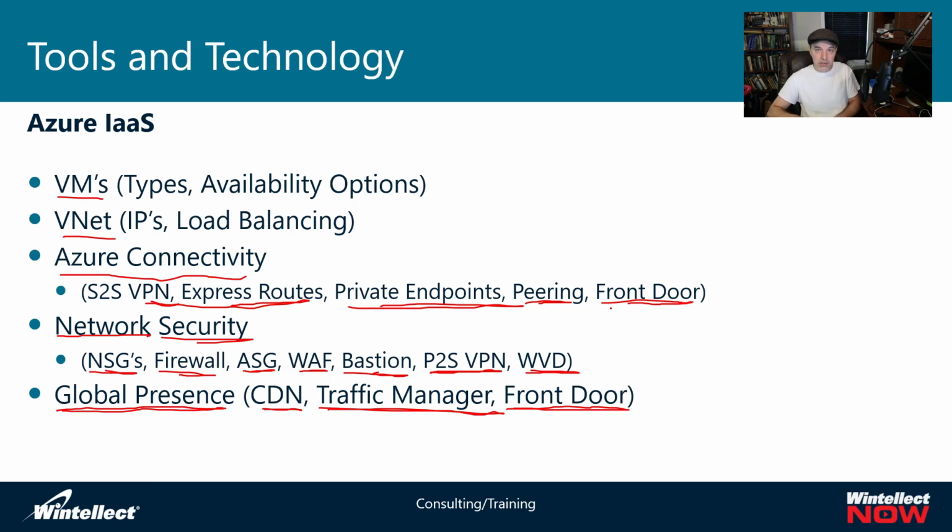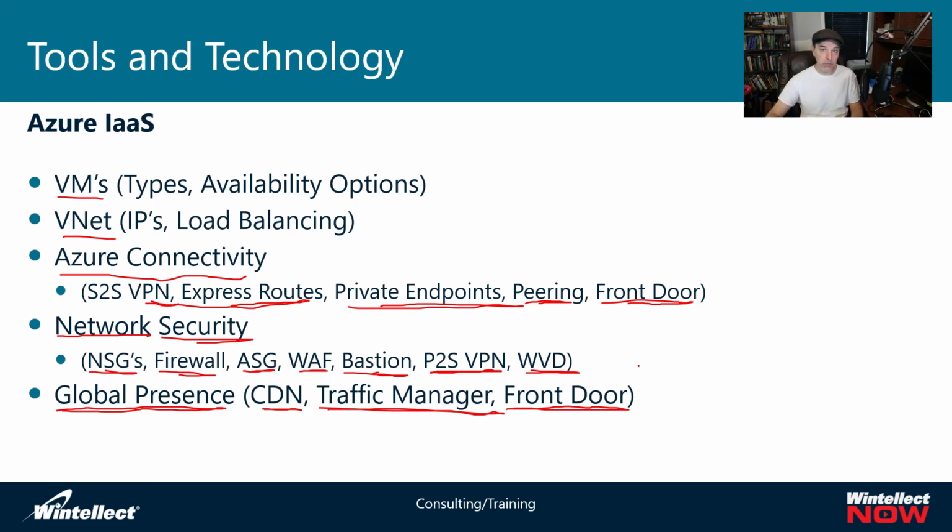Usually it's a mixture of the two, and you're going to have a couple of these things in play, usually if you're doing something like an enterprise migration into Azure, because you're almost inevitably going to be dealing with something like a VPN or an ExpressRoute, and you're going to have things like security that you need to contend with and a lot of other things. So these concepts are important, even if you're not going to be using virtual machines, to understand what these are and what they do.